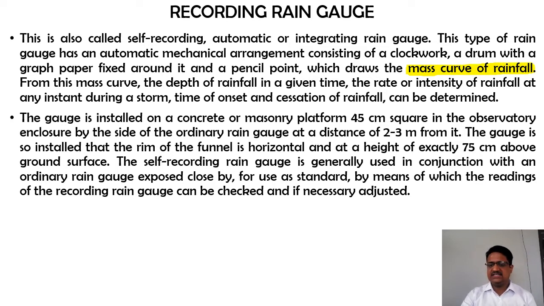With this particular mass curve you can get the depth of rainfall, the rate or intensity of rainfall, and at what time the rainfall started and what time it stopped. Even such minute, intricate details can be determined just with the help of the mass curve of rainfall.